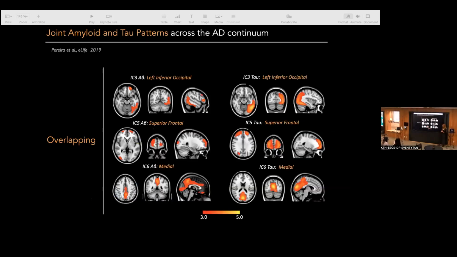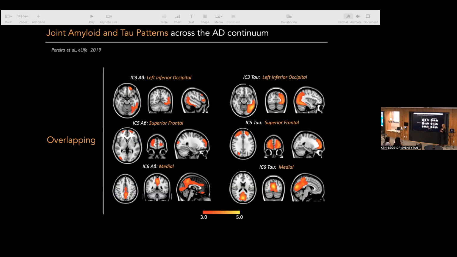So one of our first results was that a few of these patterns for amyloid on the left and tau on the right overlapped in similar brain regions. So for example, we had an inferior occipital pattern, a superior frontal one, and a medial parietal one, which we thought was interesting.